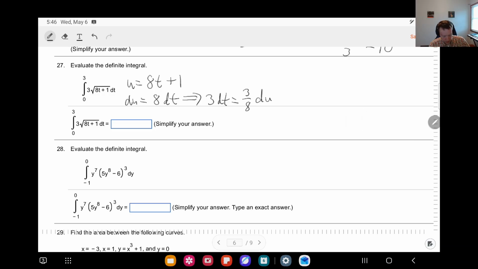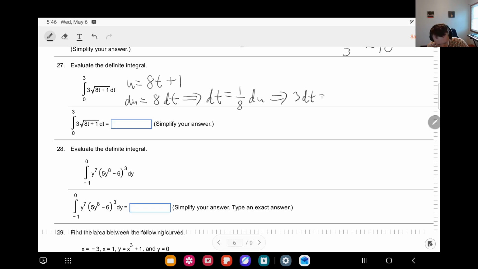Yes. So the way I did this was I really did an in-between step here. So I want 3 dt because that's what actually shows up in the real thing. Right? So how do we get there? Well, you could do an in-between step where you first get dt by itself. So 1/8 du. And then just multiply both sides by 3.